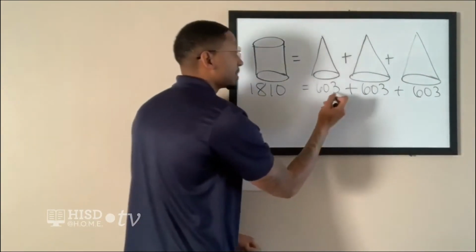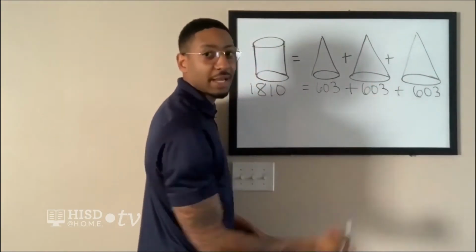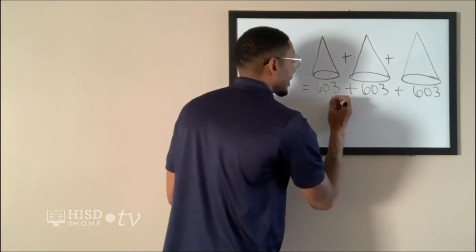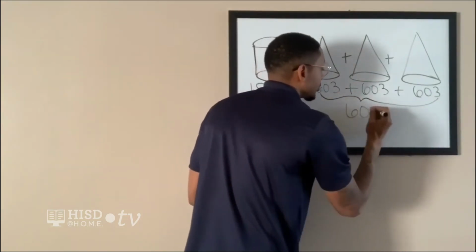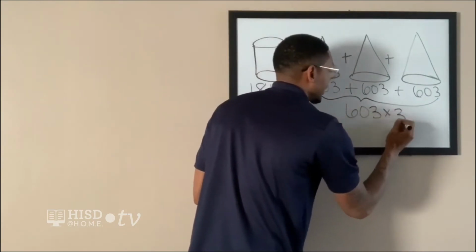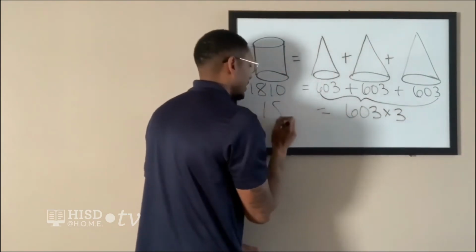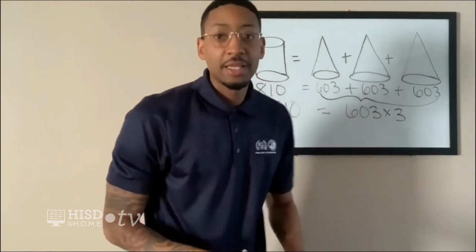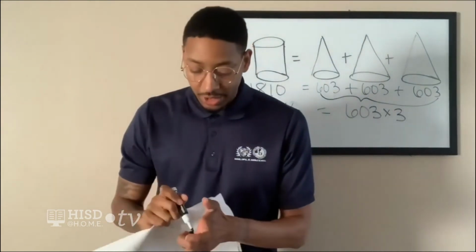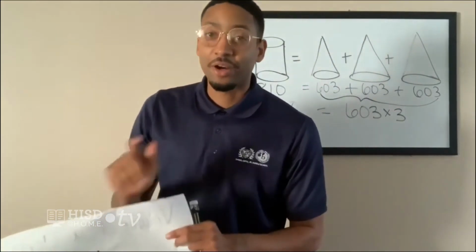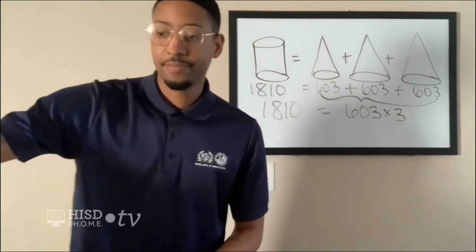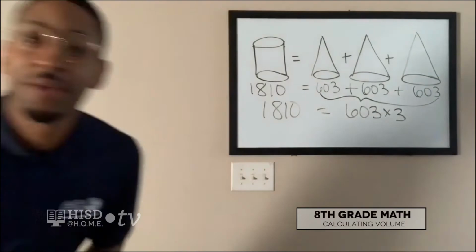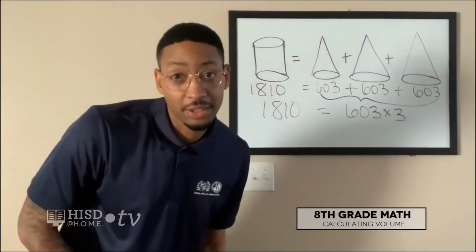And remember, 603 added to itself 3 times is the same thing as 603 times 3, which equals 1,810. It's important for us to know, okay? There are questions over that theory, okay? Don't forget it. And tell everybody I told you.